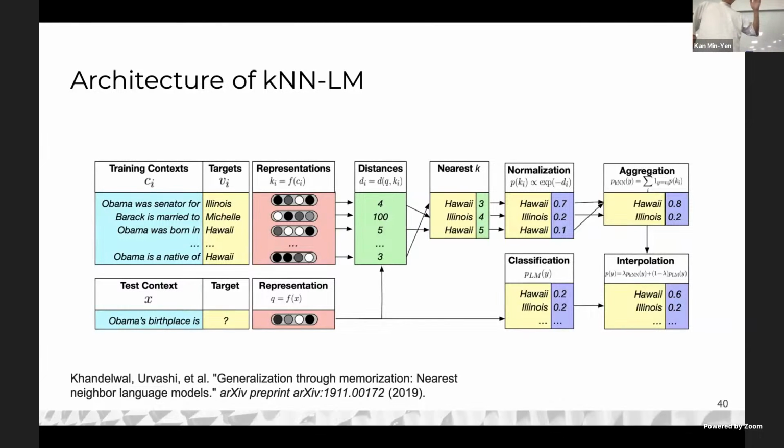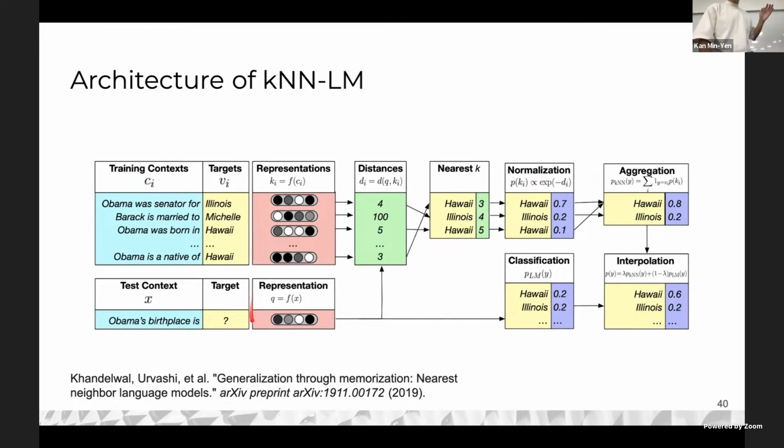Here, given a test context, Obama's birthplace is, the language model will predict the next token. For the general language model, they first obtain the context representation.